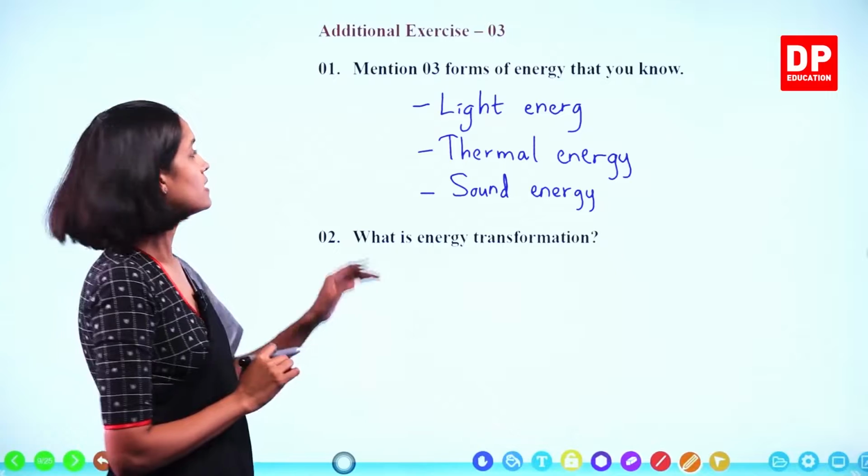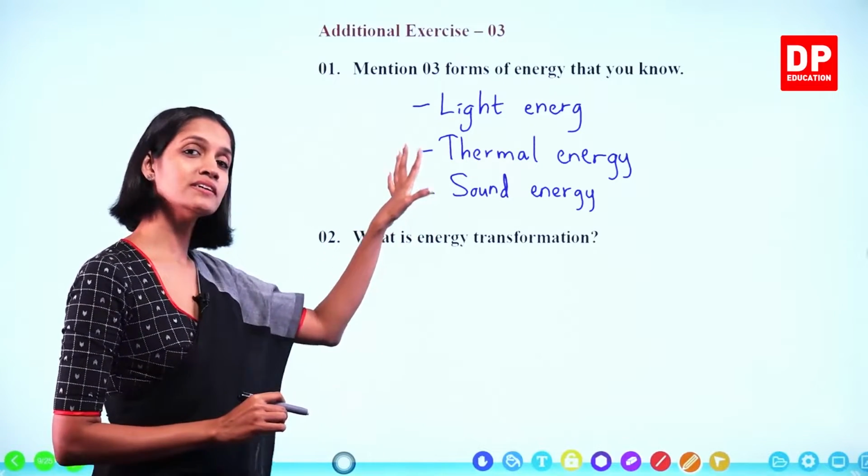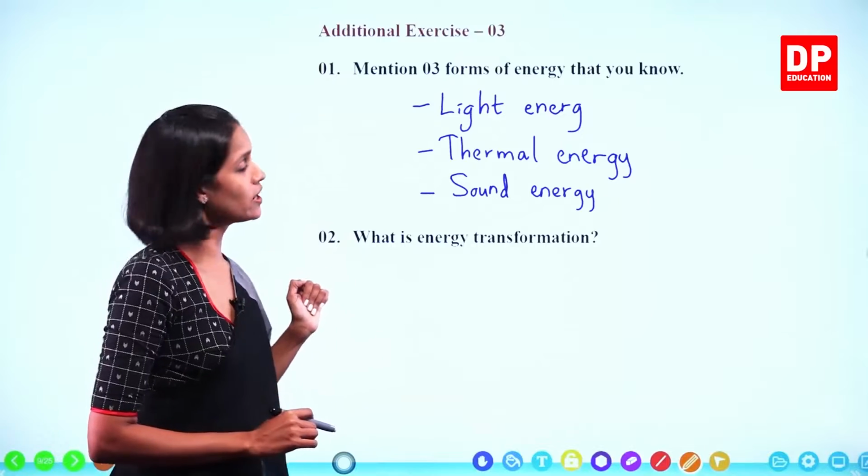Light energy, thermal energy, sound energy. You can write other examples too.